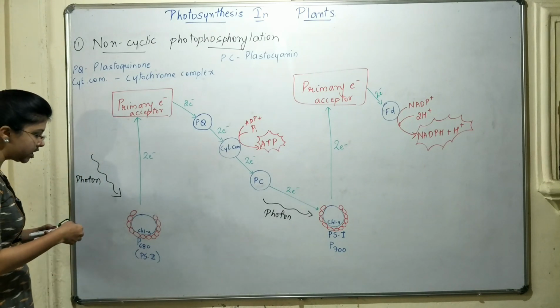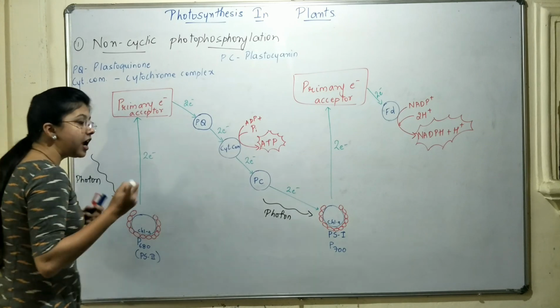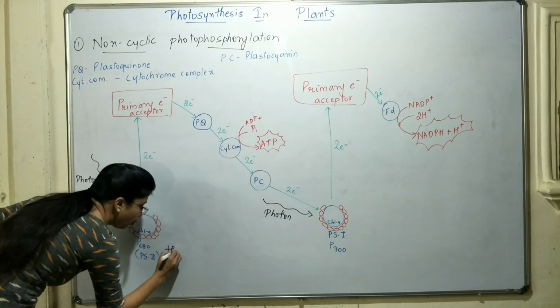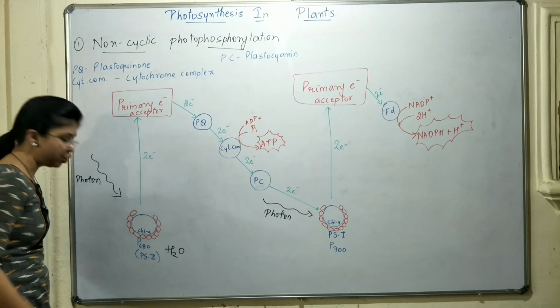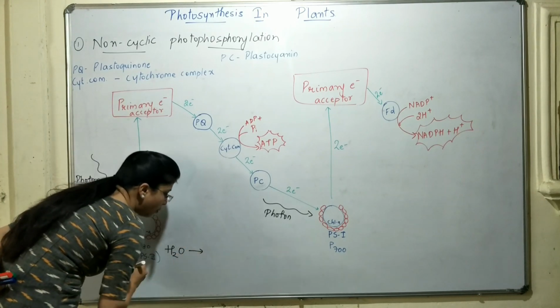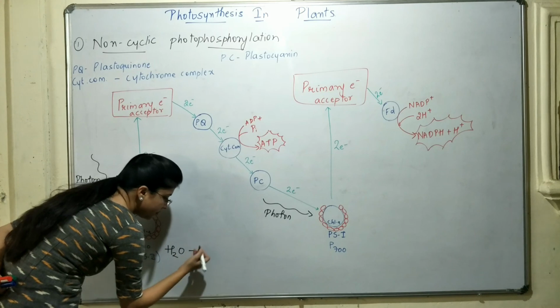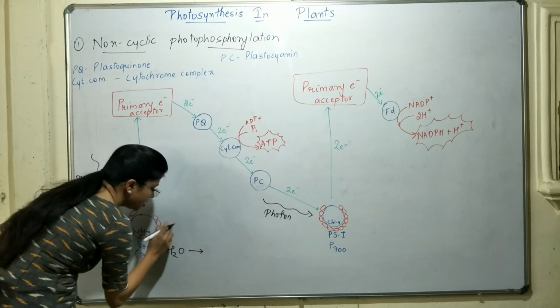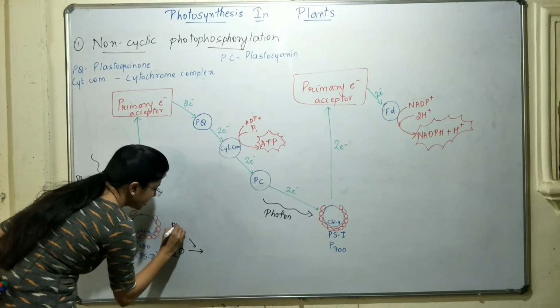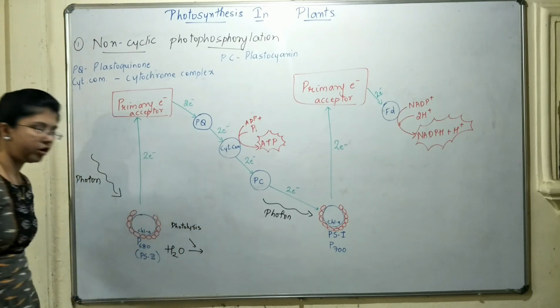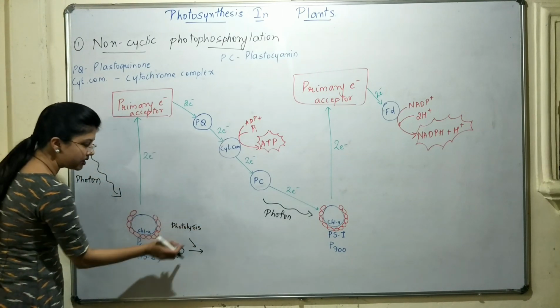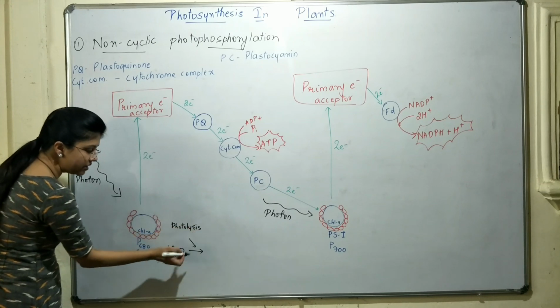So for that, what happens here is there will be splitting of water molecules taking place near photosystem 2, where the water molecule is split by photolysis. Again, in the presence of light, this reaction is going to take place. So photolysis, in the presence of light, lysis will take place.